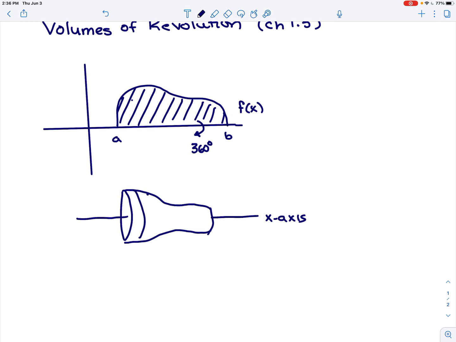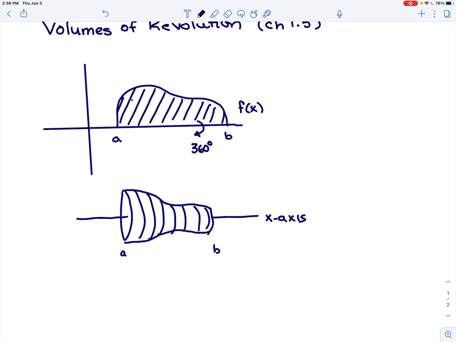You're going to end up with this sort of shape from A to B. Think of taking that two-dimensional area and repeating it in a rotation all the way around to make this volume or solid.